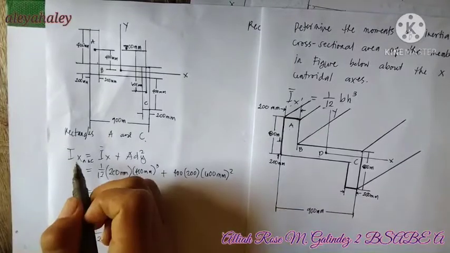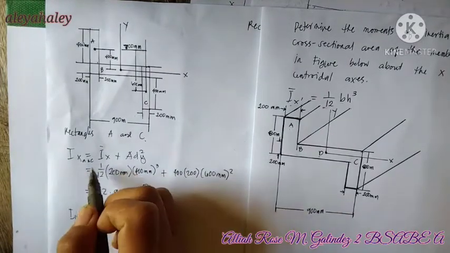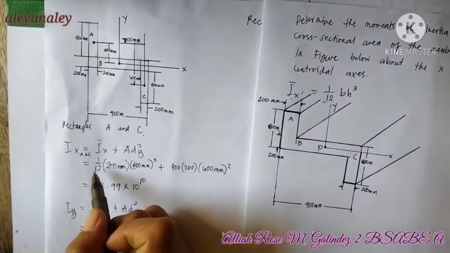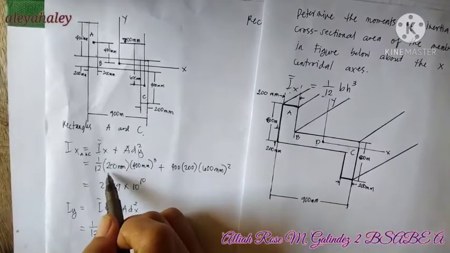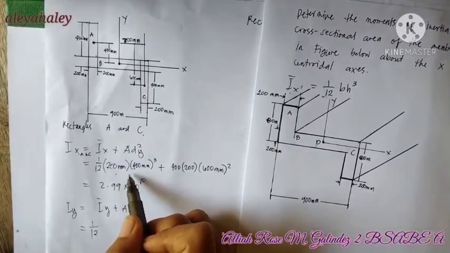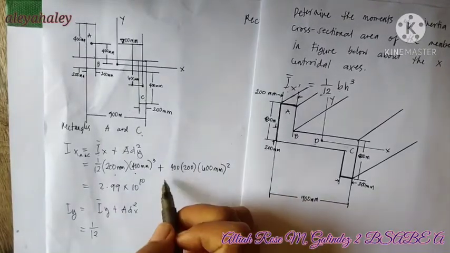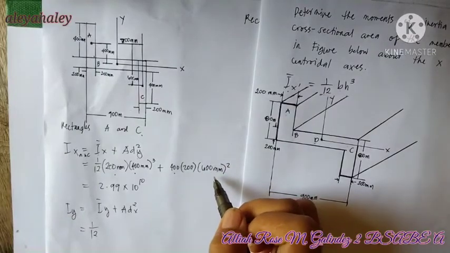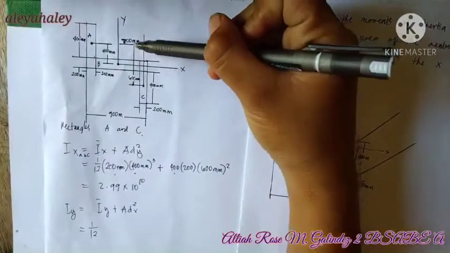To solve for the moment of inertia along the x-axis, we have this formula. 1 over 12 times 200 millimeters, the base, and the height cubed, 400 millimeters cubed, plus the area 400 times 200 times the dy, which is 600 millimeters.